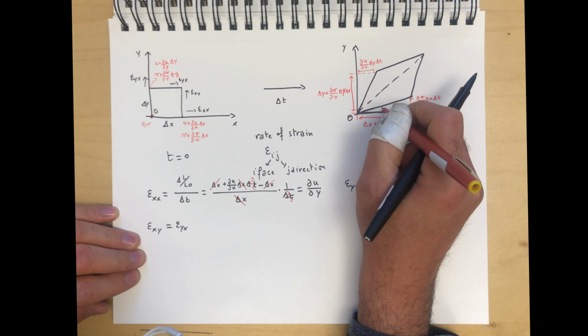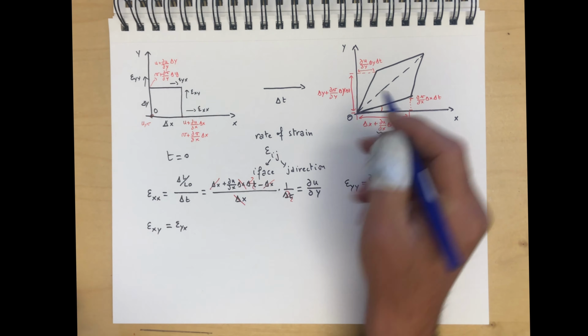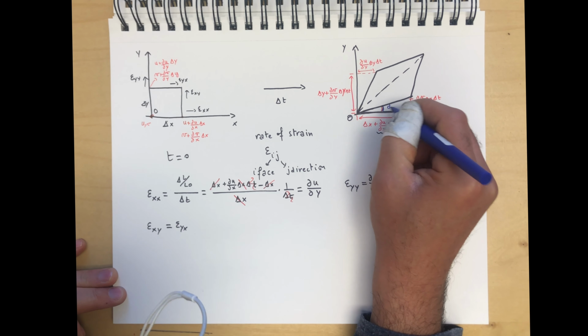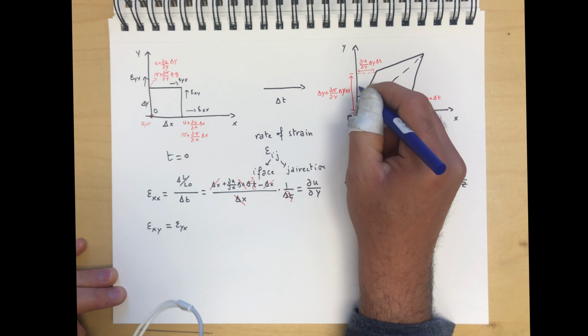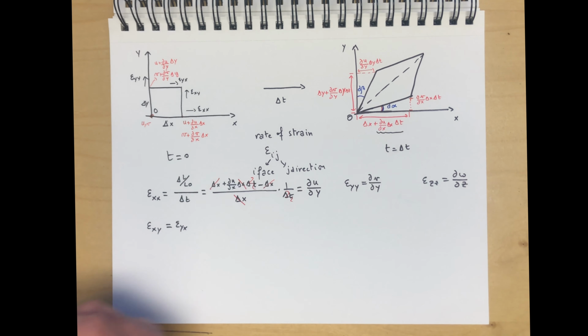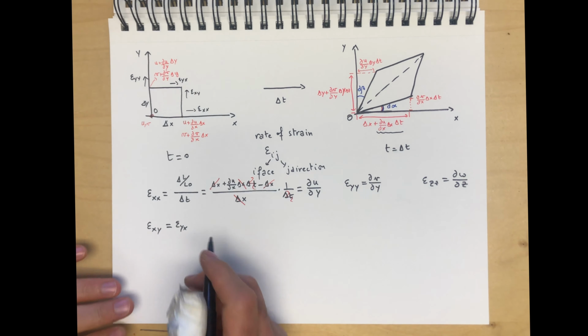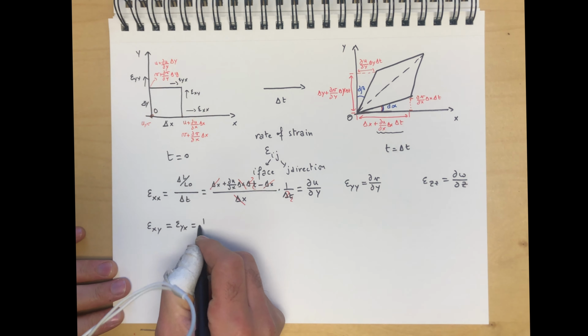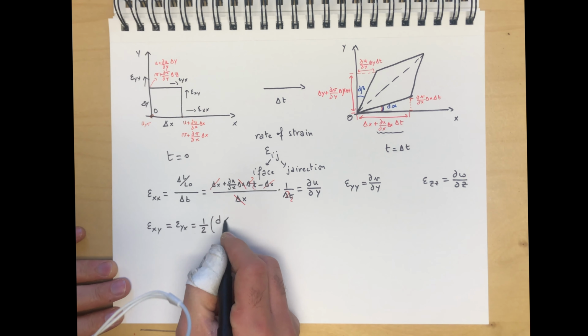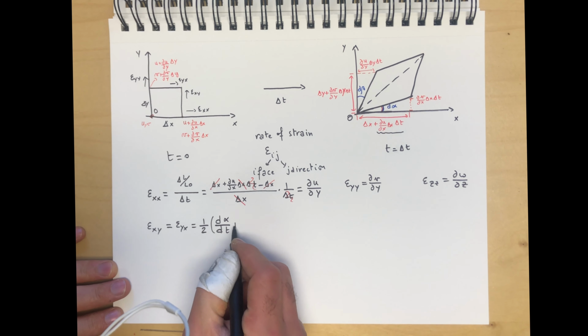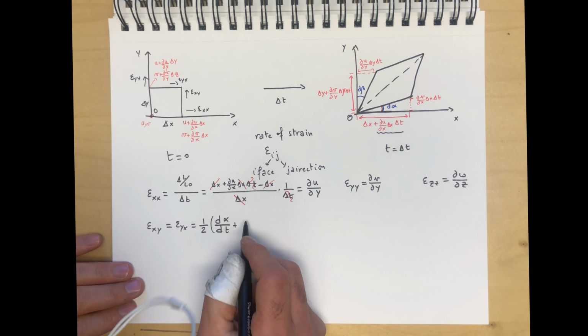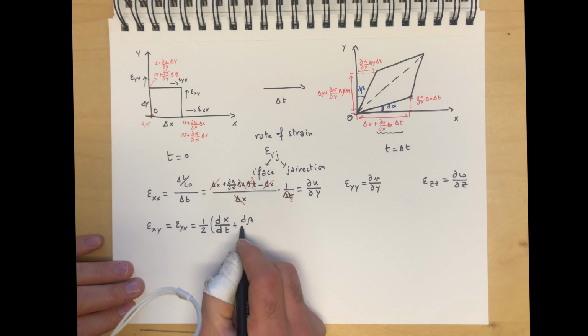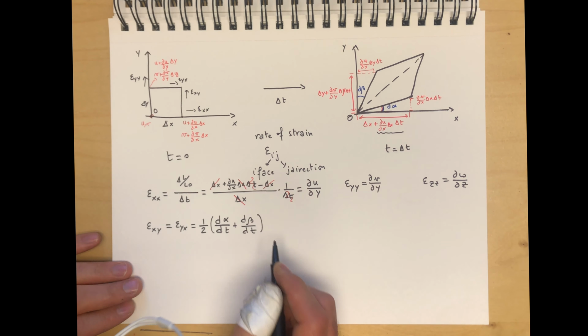So if we take this angle here, I'm going to use blue, to be d alpha, and this angle over here to be d beta, then epsilon xy and epsilon yx are defined as the average of d alpha by dt, so the rate of rotation, plus d beta by dt.